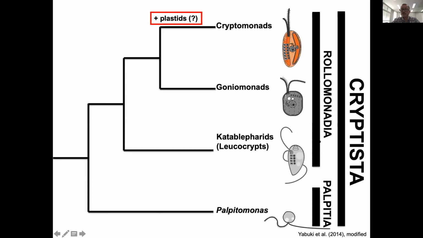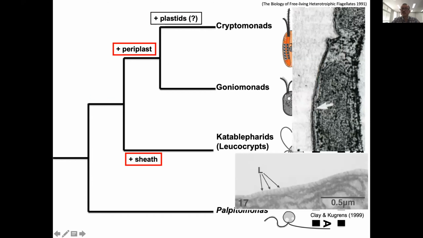Other Cryptista members do not have plastids. Recently, the nuclear genome of a goniomonad was sequenced, and no information supporting the existence of a plastid, including a remnant plastid, was reported. Therefore, I think it is now inclined to consider that the plastid was acquired by the ancestor of cryptomonads, around here. And this is ultrastructure.